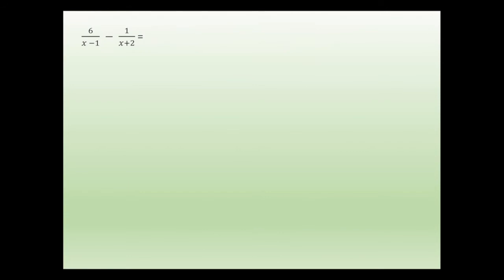So therefore, what we need to do is the first term, I'll put a bracket in, multiplied by x plus 2 over x plus 2. Again, you know that x plus 2 over x plus 2 is actually 1. Minus 1 over x plus 2 times x minus 1 over x minus 1.